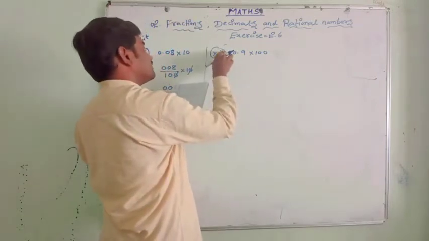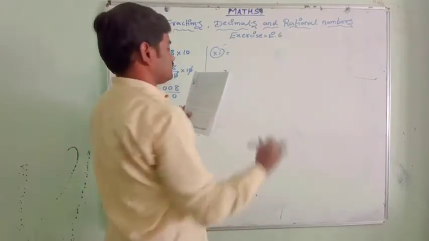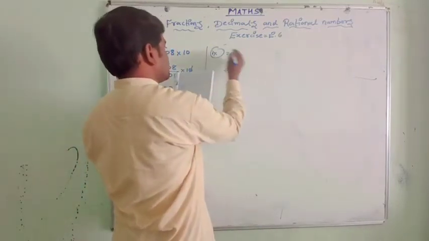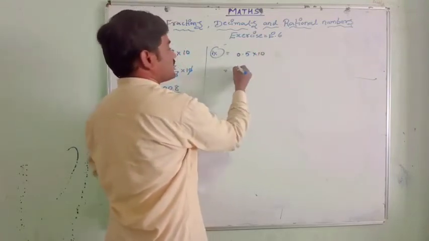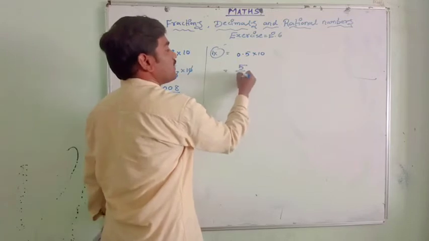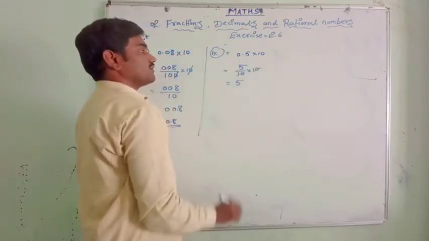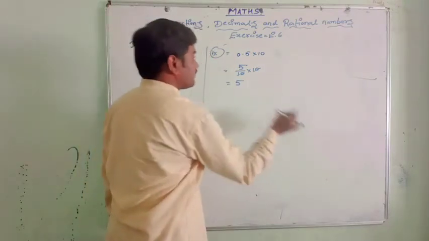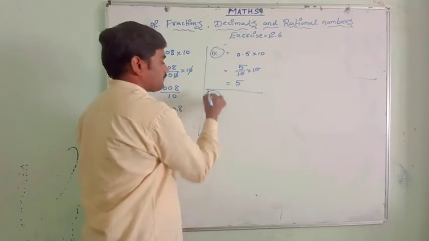Okay, here instead of the 11th one I will write the 9th question, that is 0.5 into 10. 0.5 into 10 is 5 by 10 into 10. The 10s get cancelled, 5. Okay, before that I have done the 11th one here. Here the 9th one. Now we go for the 12th one.